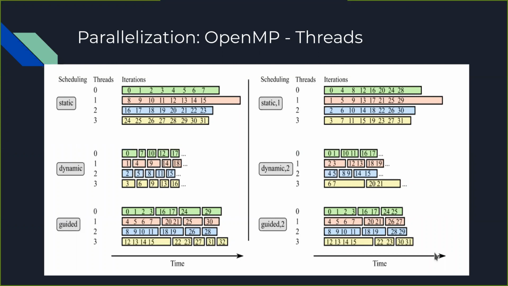And there is also auto, which is not mentioned here. And auto is basically up to the OpenMP runtime. There is a set of parameters that it looks at, and it decides the thread scheduling at runtime.